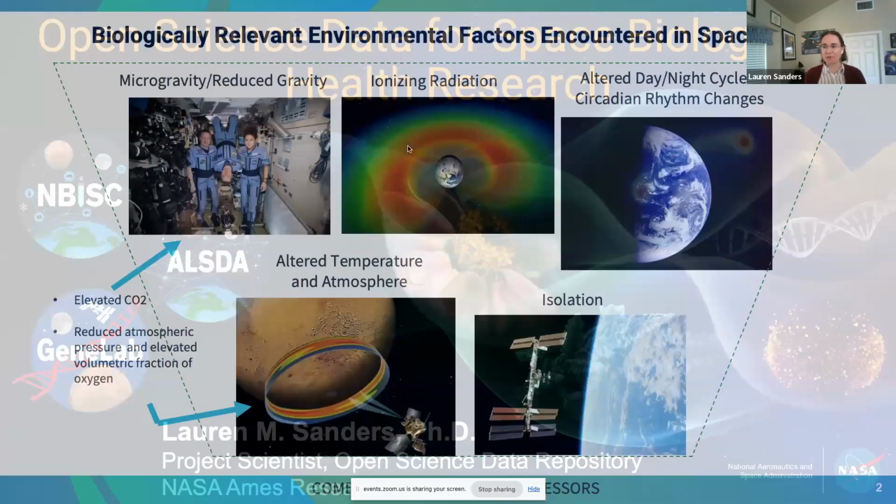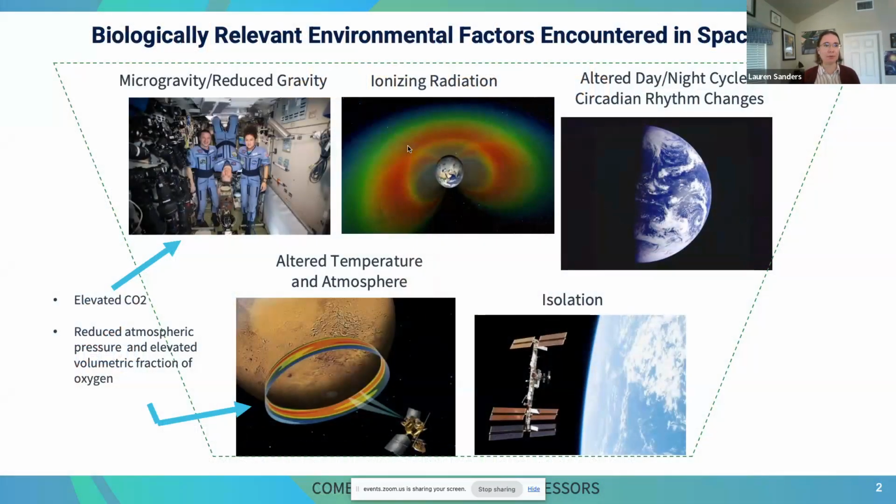So just kind of backing out for a moment, the open science work I'm going to be talking about today is motivated by the idea of traveling in space, space flight, and the upcoming deep space travel that's being planned by NASA. So in space flight, there are several environmental factors that are different from Earth that become very biologically relevant because they have effects on living systems.